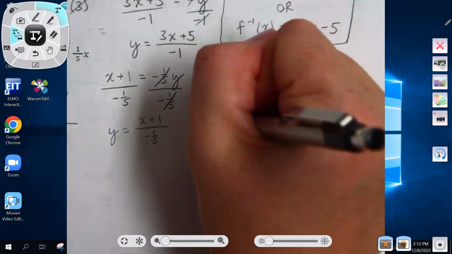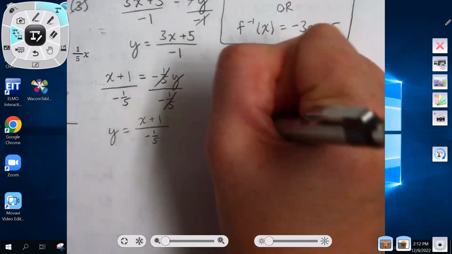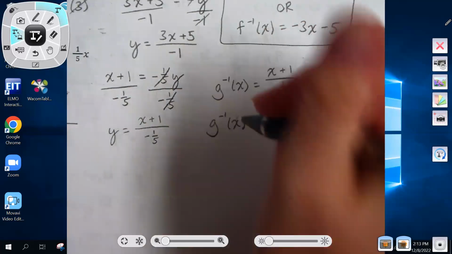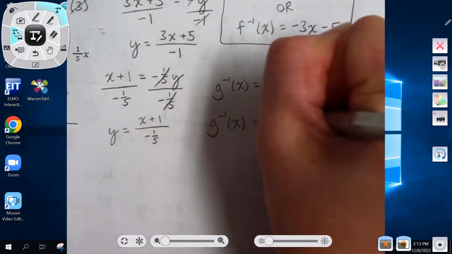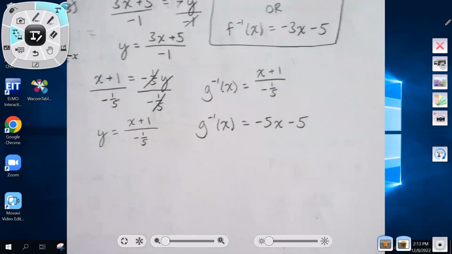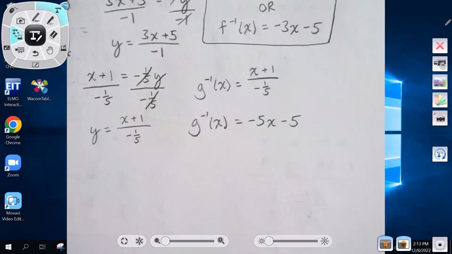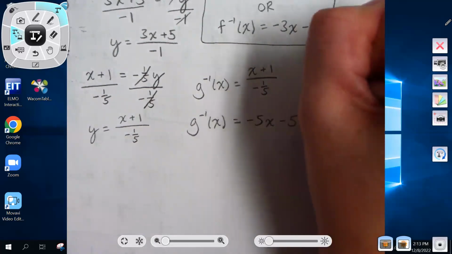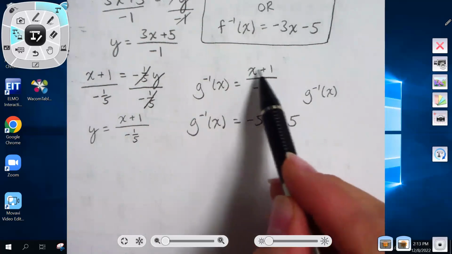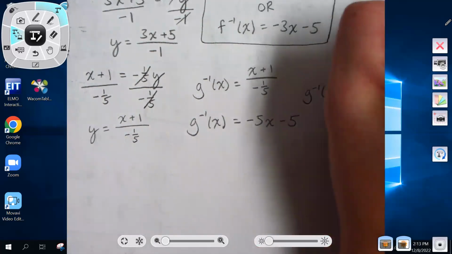Or you could have g inverse of x equals, you could go ahead and divide both of these things by negative 1/5, which would give you negative 5x minus 5. Or you could have the same thing that I have in this one, but all the signs flipped.